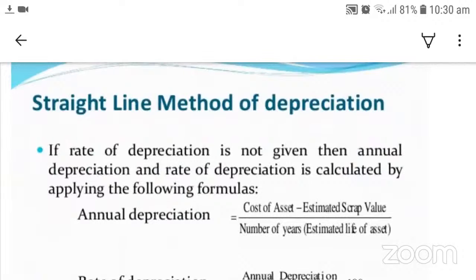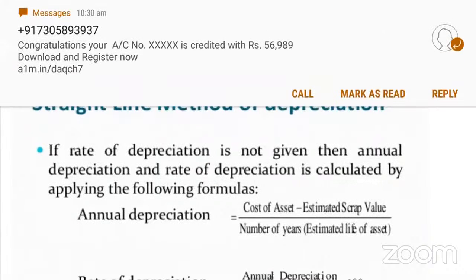Okay, straight line method of depreciation. If rate of depreciation is not given, then annual depreciation and rate of depreciation are calculated by applying the following formula. If rate of depreciation is not given, we have to find out the depreciation.